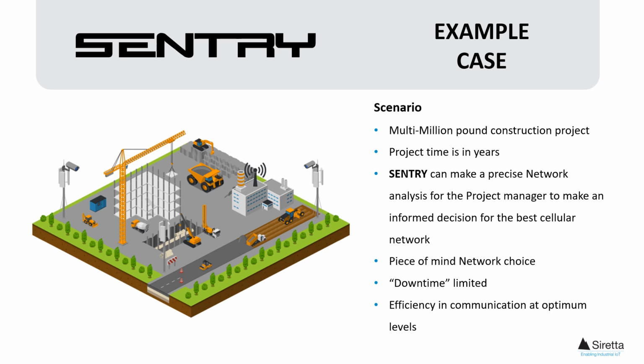So the SENTRY can make a precise network analysis for the project manager to make an informed decision for the best cellular network to choose. You most certainly have a peace of mind for network choice. Downtime will be limited due to the analysis over a certain length of time, and it will obviously bring efficiency in communication at optimum levels.